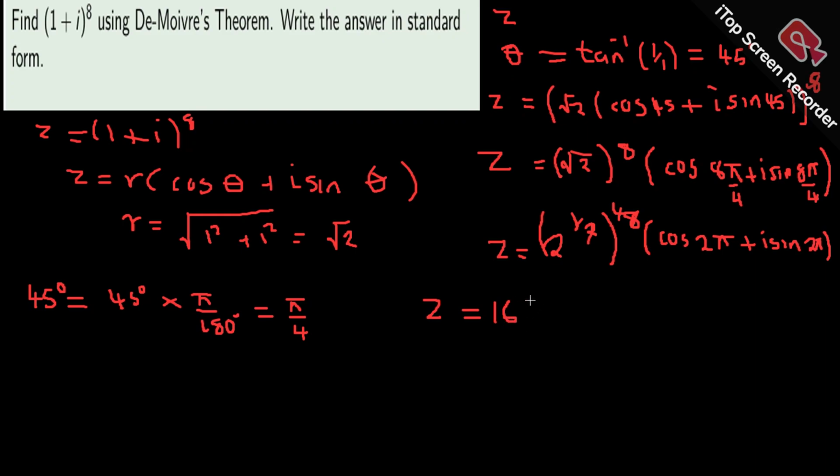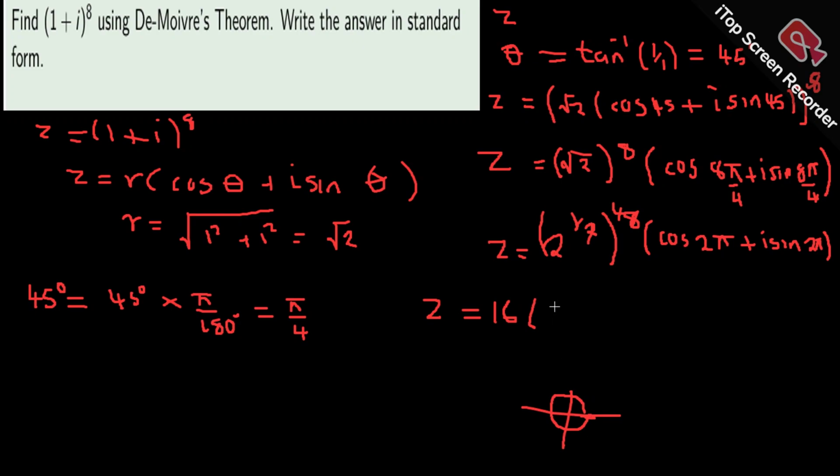Then what else? What is cos 2 pi? What is cos 360? The value of y is going to be 0 because you're not moving along the y-axis.